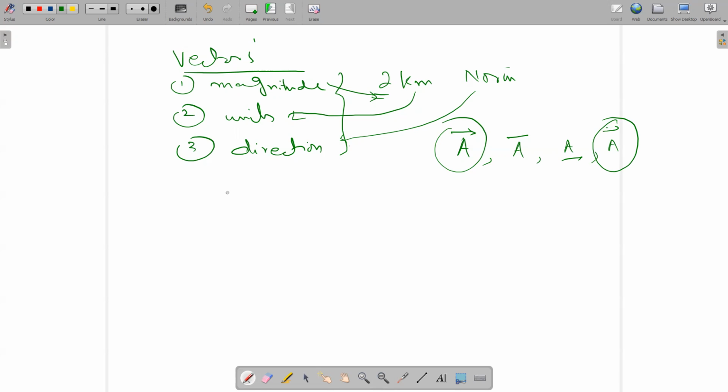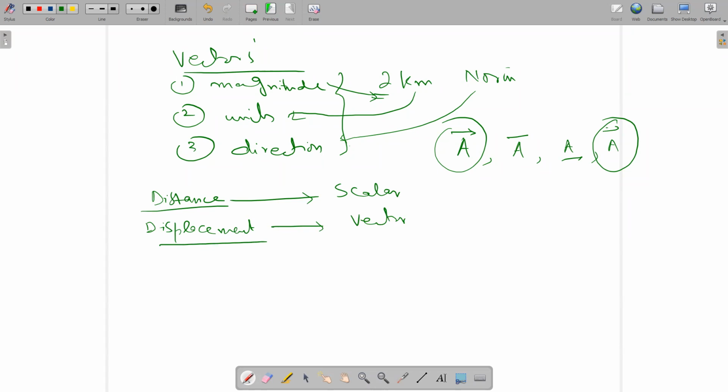So in the previous chapter, we have studied two terms. One is the distance and one is the displacement. You remember that the distance is a scalar quantity, but displacement is a vector quantity.